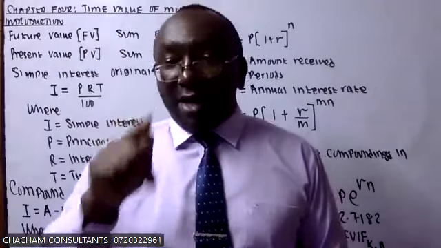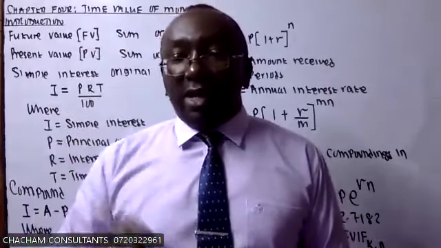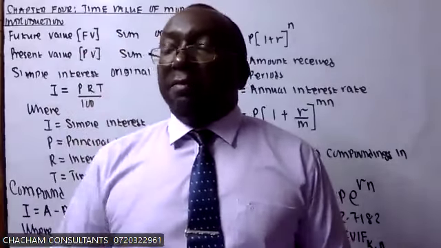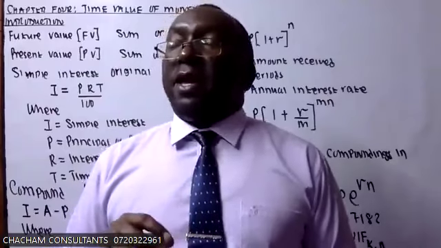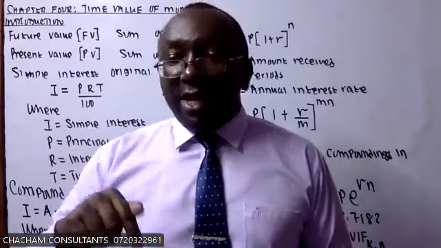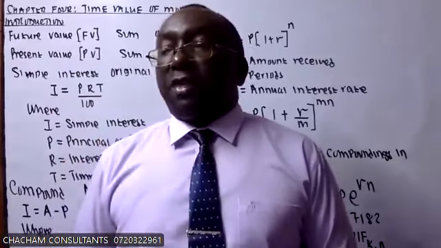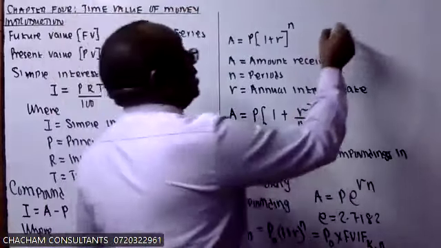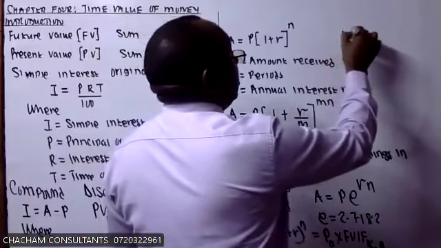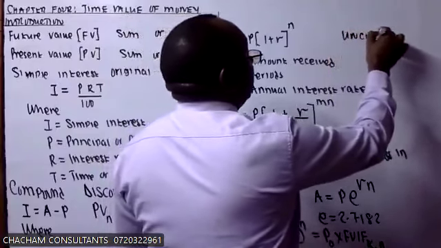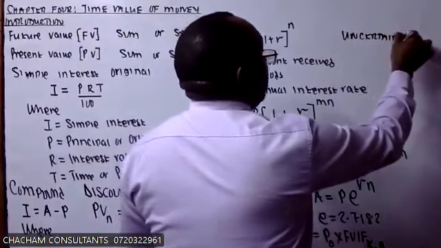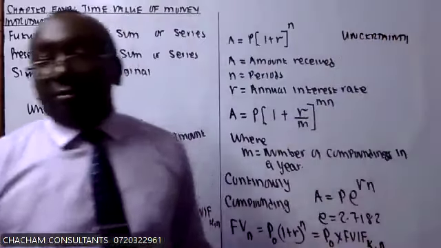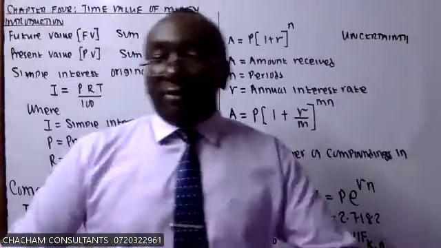If you have my money, I would rather you pay me today, not tomorrow. And the main reason why a shilling today is better than tomorrow is because tomorrow has what we call uncertainty. Later on, we'll be discussing this. Uncertainty means we are not sure kama utapewa.